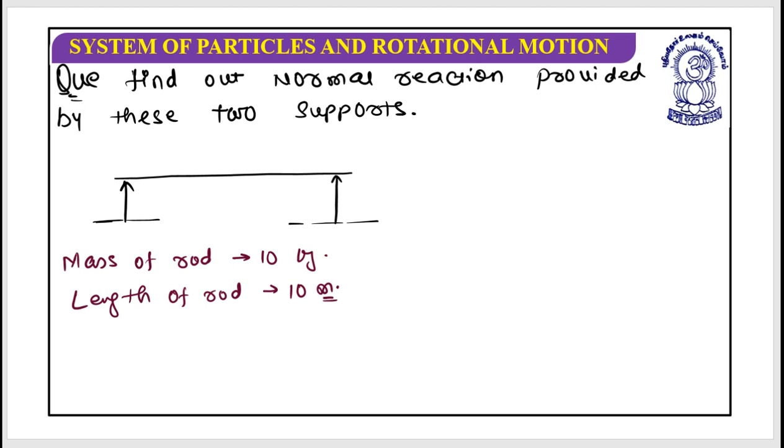So how will I do this? What can be done? What do you think? What I need to do is find the normal reaction provided by these two supports. One more thing they have provided is to assume that the system is in equilibrium.